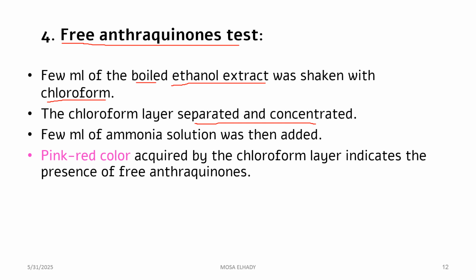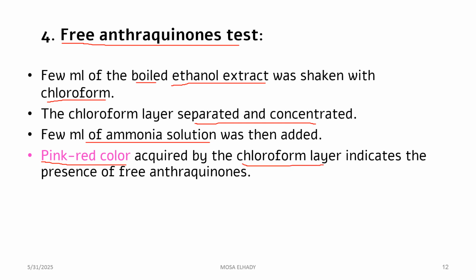The second step is the analysis step. Then we add our reagent, a few ml of ammonia solution. In the last step, interpretation, we note the change in color to pink or red acquired by the chloroform layer.